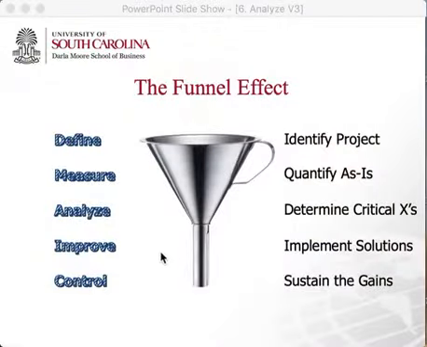So you're testing hypotheses of the relationship between X and Y, how X impacts Y. That's what we're going to do in analyze. It's a key part, maybe the largest part of the DMAIC process. It's the most important one, because if we get this wrong, we're going to fix the wrong problem. You can have great solutions, but if the causes are not the real ones, it's not going to impact your Y variable.